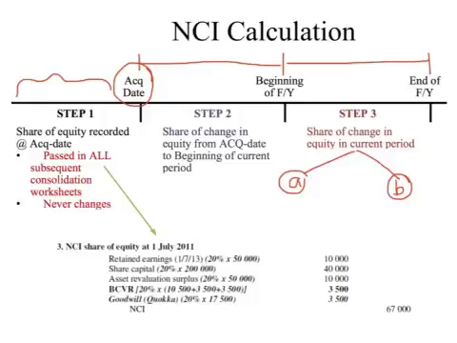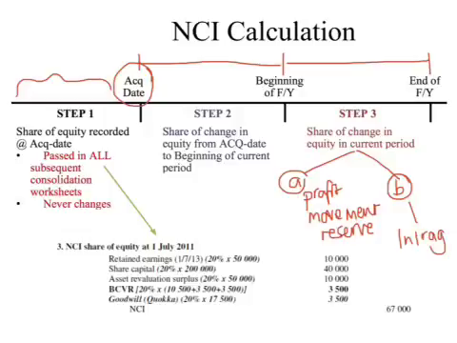Step A deals with the profit for the year and movement in reserve accounts, whereas step B looks at the NCI adjustment on intragroup consolidation adjustments. Okay, so that we'll cover in the next video clip.